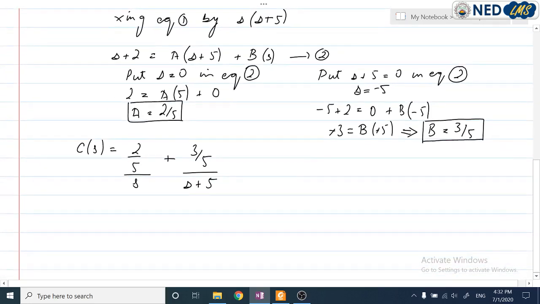Now if we take the inverse Laplace transform, then we will get the output response as 2 upon 5 plus 3 upon 5 times, this s plus 5 term becomes e to the power minus 5t, u of t.